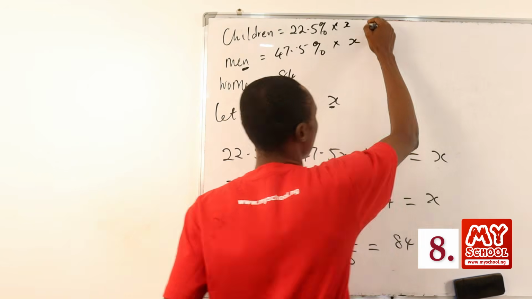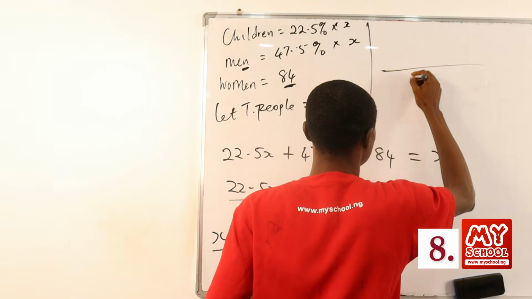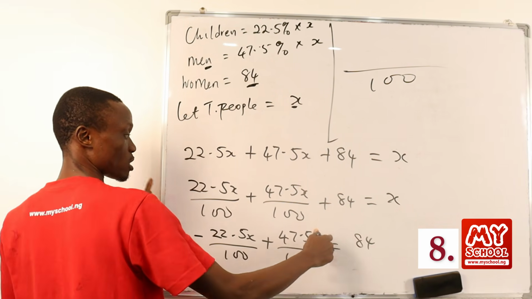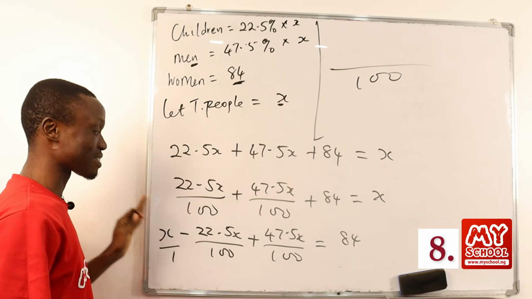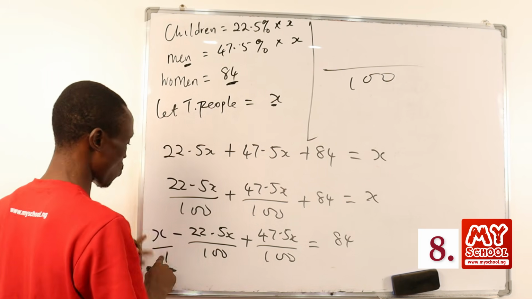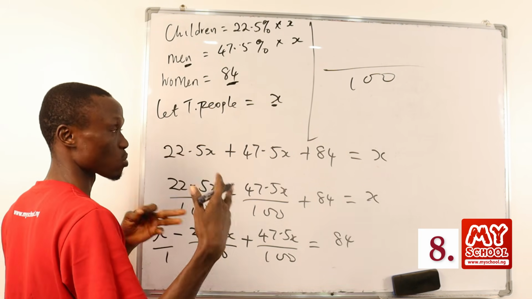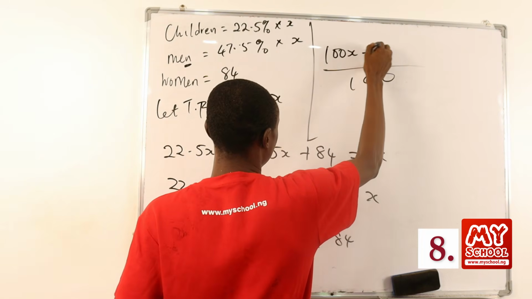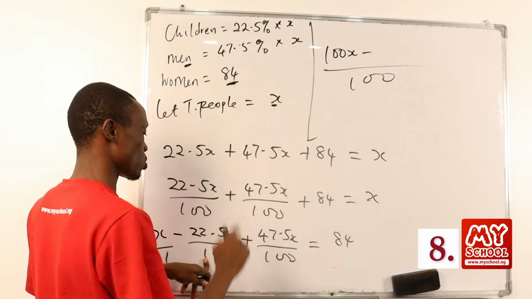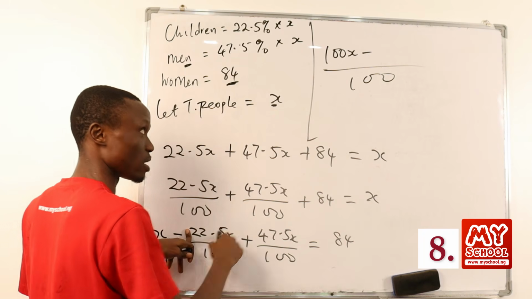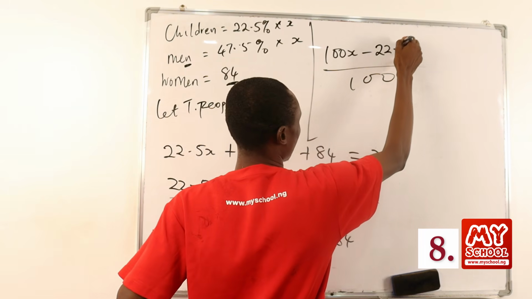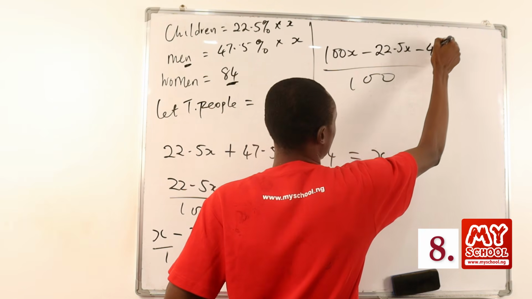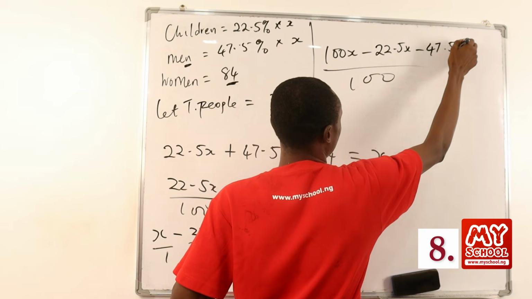So here, let me continue from here. Here we'll be having 100, which is the LCM of 100 and 100, because we are dealing with the left hand side first. So 1 into 100 is going to give us 100. So 100 times x, here we're having 100x minus 100 divided by 100 is 1. 1 times 22.5x still remains 22.5x, then minus the same thing with this, 47.5x, okay?